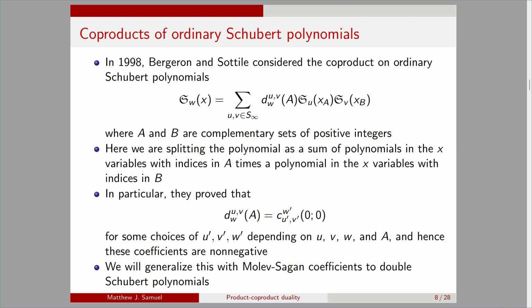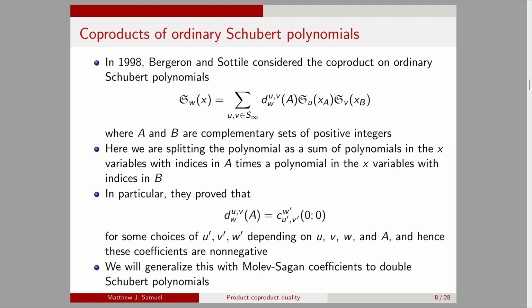Now here A and B are complementary sets of positive integers. In this coproduct, we're splitting the variables into the sets of indices A and B, and we're writing the full polynomial as a sum of products of these polynomials in the split indices. In particular, they are Schubert polynomials.